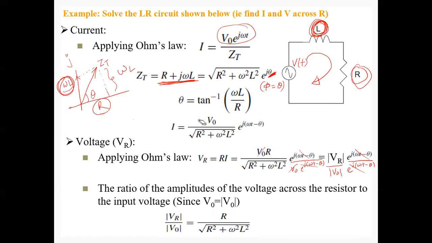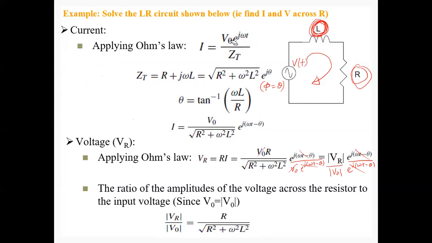So you can simply plug this in. Let me do it here. Your I is now V0 e to the j omega t divided by G(t), which is the square root of R squared plus omega squared L squared, times e to the j theta.